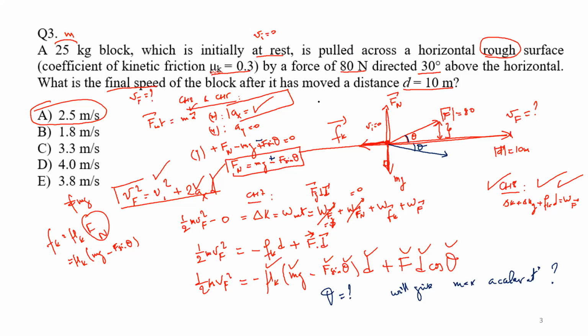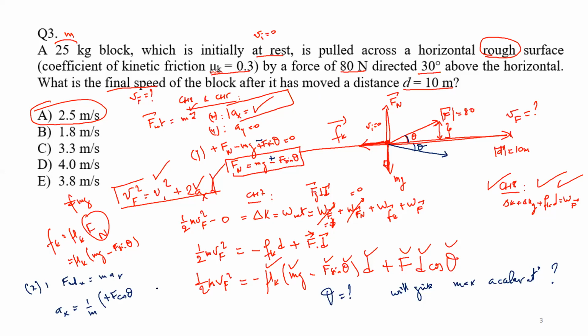So what you need to do is basically use Newton's second law. Along the x-axis, net force along x is equal to max. So that means ax is just 1 divided by m of the net force. Now, what is the net force along x? I will have F cosine theta.